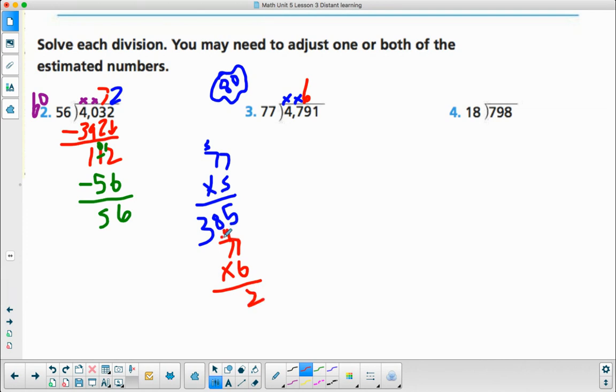And 42 and 4 are 46. 462. Oh, that looks better. And 17 left. 17 is less than 77, so I'm good. Let's bring down the 1.